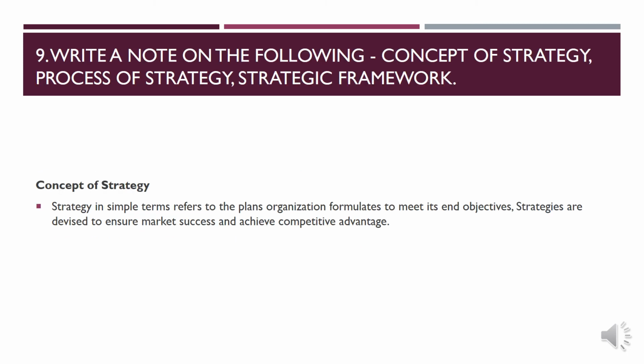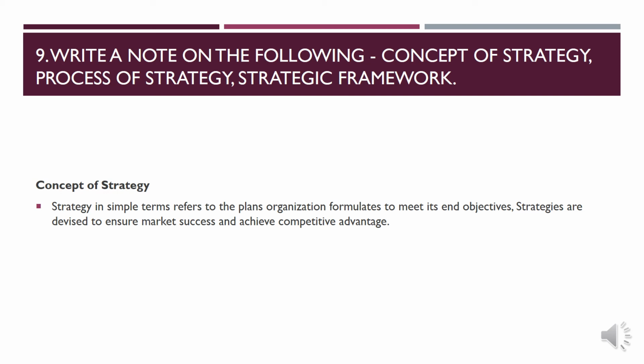The final question. Write a note on the following: concept of strategy, process of strategy, strategic framework. Concept of strategy. Strategy, in simple terms, refers to the planning the organization formulates to meet its end objectives. Strategies are devised to ensure market success and achieve competitive advantage.